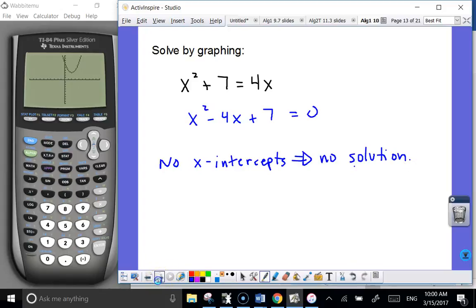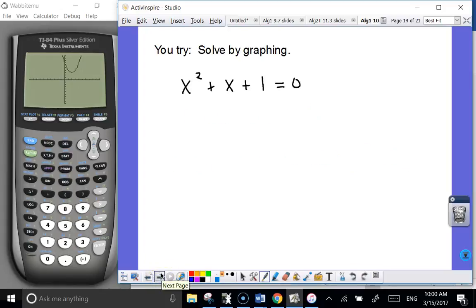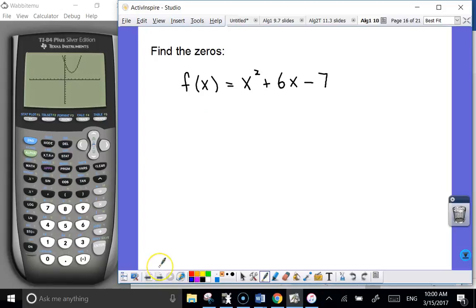Okay, and next, there are some questions that are going to ask you to find the zeros, right? Finding the zeros just means substitute the f of x, put a 0 there.